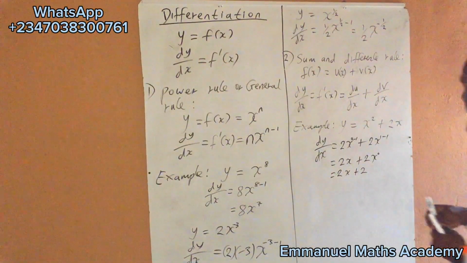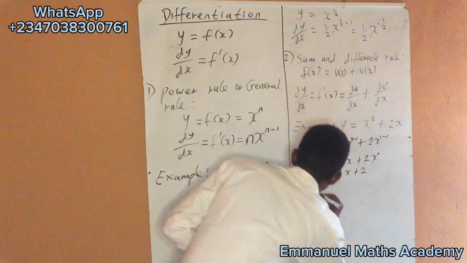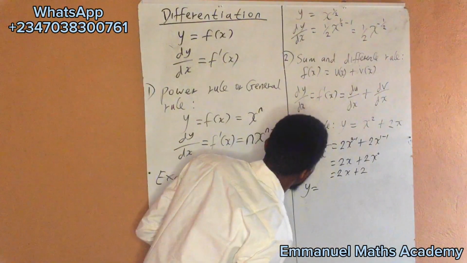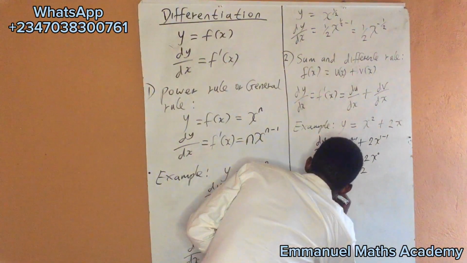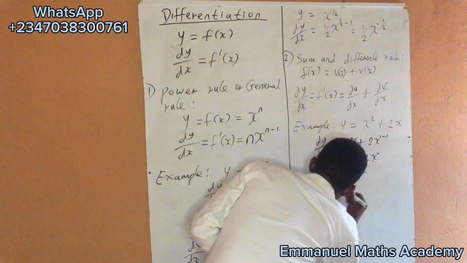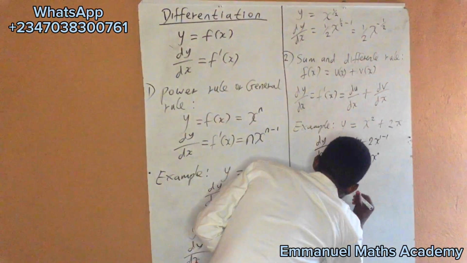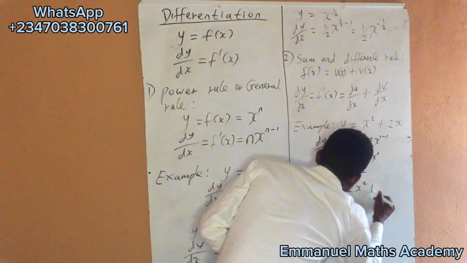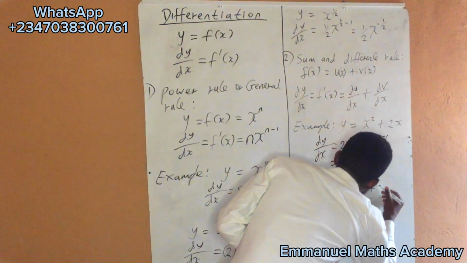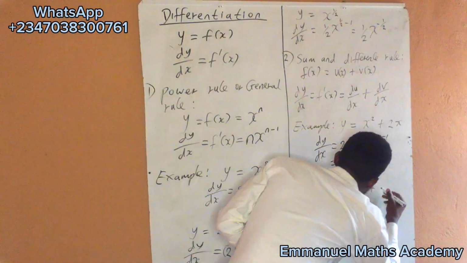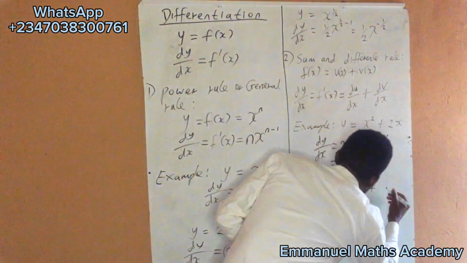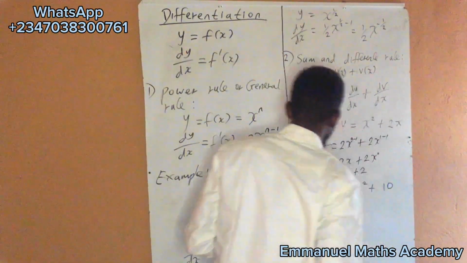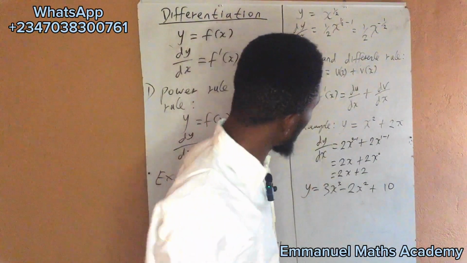Let's look at another example. If you are given something like y equal to 3x cubed minus 2x squared plus, maybe let's just say plus 10. You're asked to find the dy/dx of this.